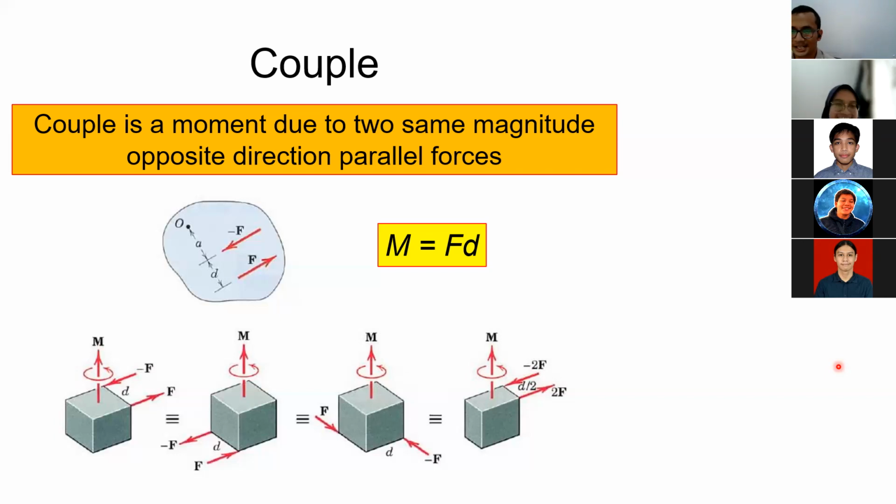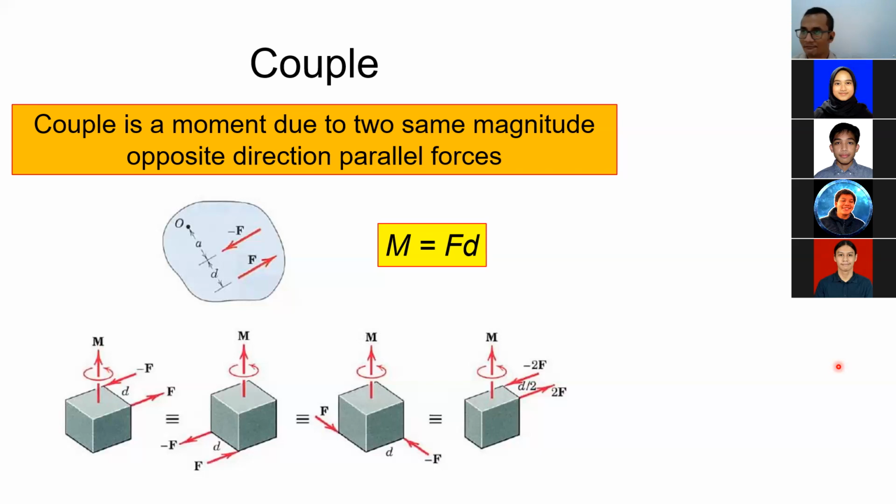So actually, what you see here, please differentiate this couple with couple of humans. What we mean by couple here is a force couple. A force couple is two forces which have exactly the same magnitude but opposite direction to each other.